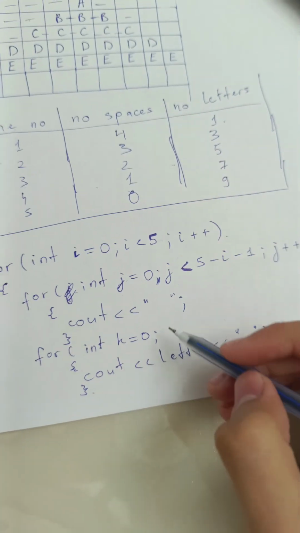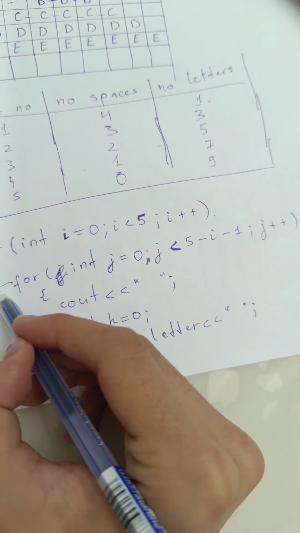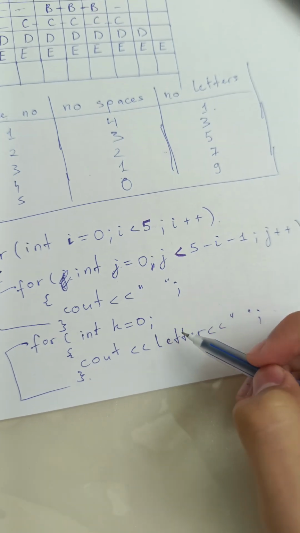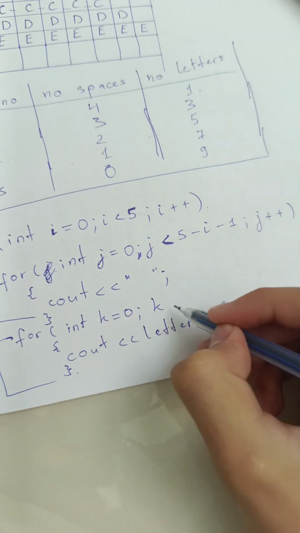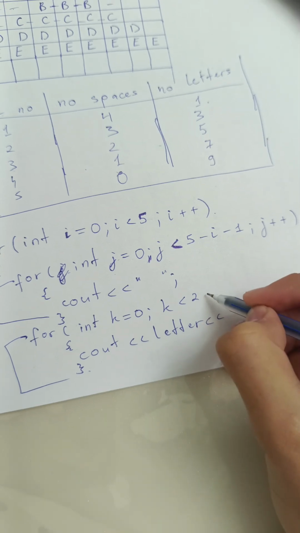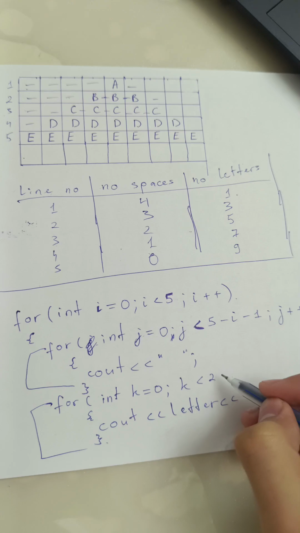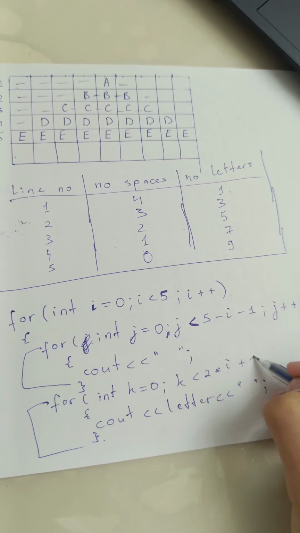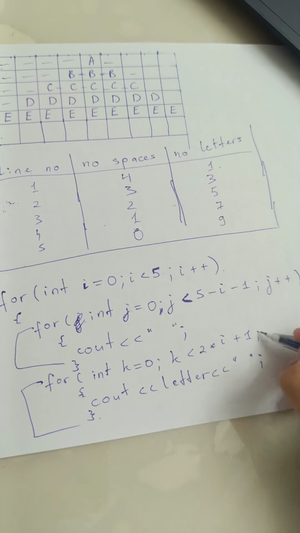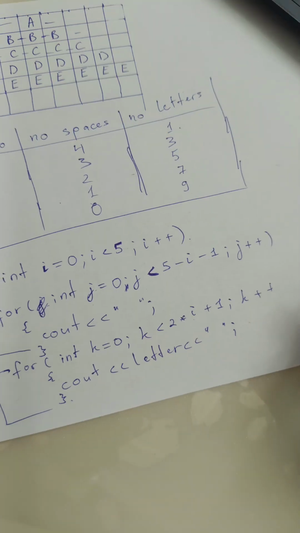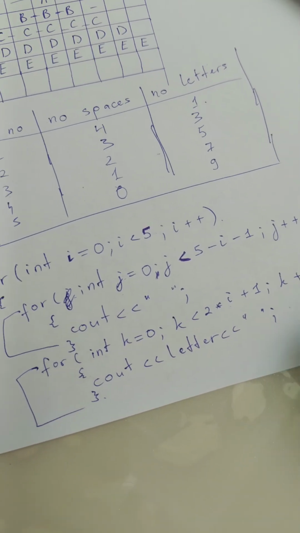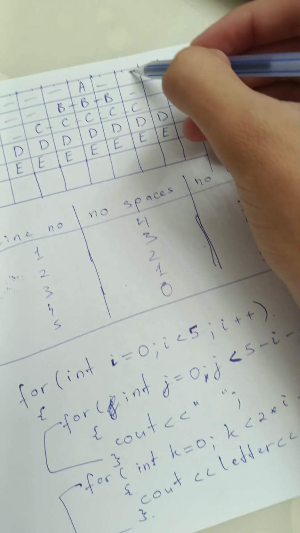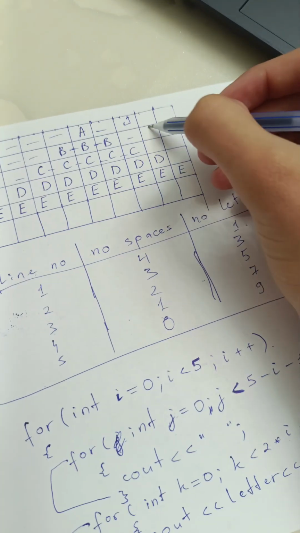For the k loop, the second inner loop, this is our first inner loop, and for the second inner loop, I'm going to write k less than 2 times i plus 1, and k plus plus. So finish. Then we have to make end lines at the end of all of it.